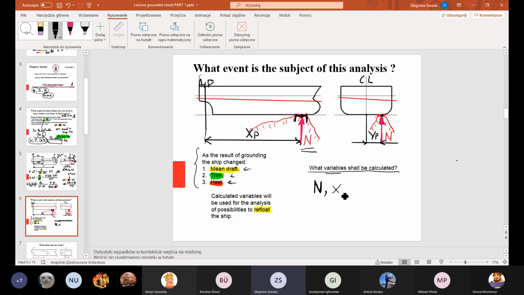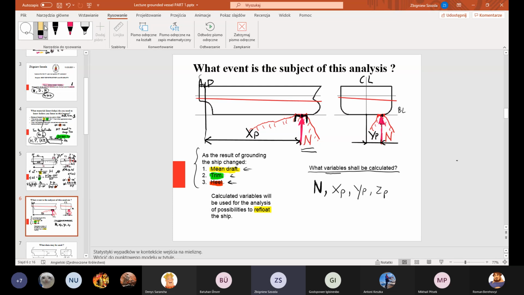So it will be xp, how far is point of action from aft perpendicular, yp, it means how far is point of action from the center line, and who is brave enough to say what will be the third, the last ordinate? Shall I put here ZP baseline? Yes, we will assume that the point of contact between ground and hull is placed on the baseline.